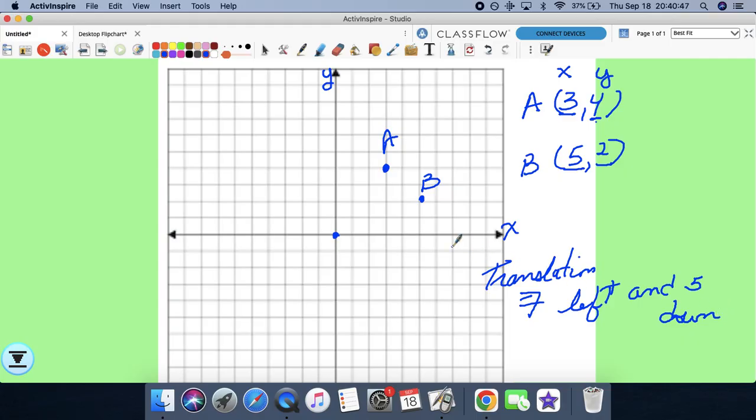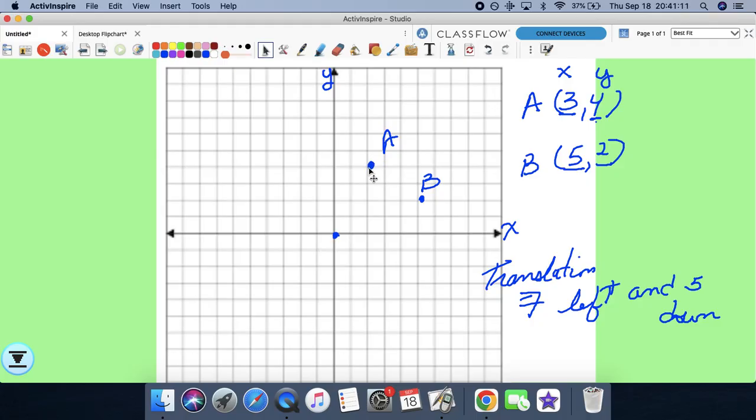Well, I need you to understand that when you move 7, the coordinate that's going to be affected is the 3 and the 5, the coordinate on the x. So let's just think about 7 left. So here's A, and if you go 7 units to the left, you're moving 1, 2, 3, 4, 5, 6, 7. Notice that you didn't go up and down, you just moved horizontally.